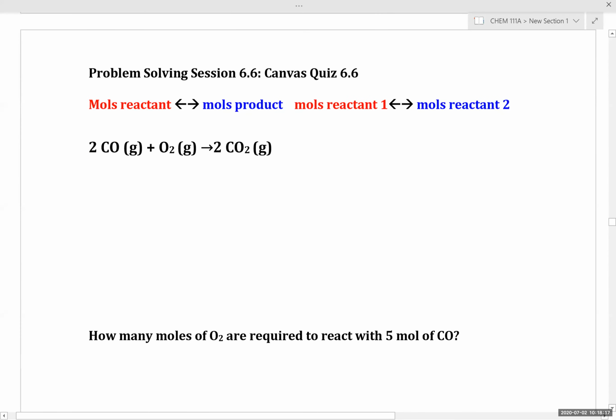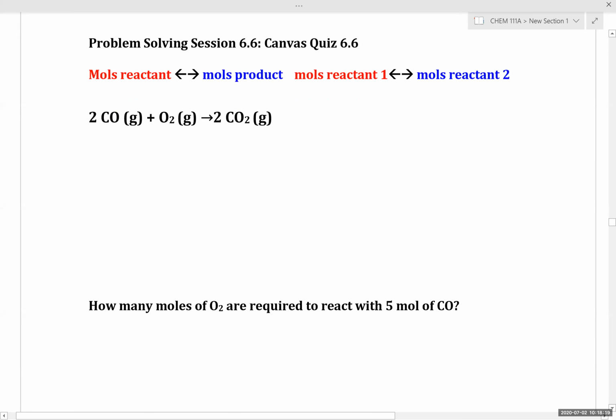let's try to apply what we've learned. And for this problem, you can submit your responses in the chat verbally or via Canvas quiz 6.6. All the Canvas quizzes for this chapter are up and functional. So if you want to submit your responses for immediate feedback, you're welcome to do it via Canvas in addition to the chat.